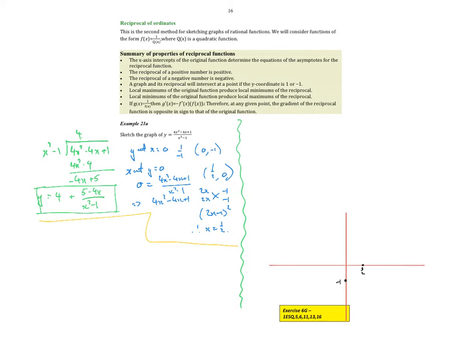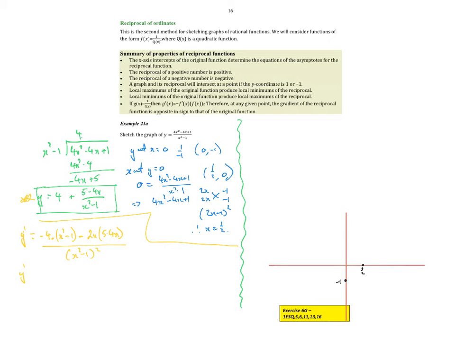So I might differentiate this form of it here. So we're going to have dy dx, I might just put y dashed, is equal to derivative of the top times the bottom minus derivative of the bottom times the top over the bottom squared.